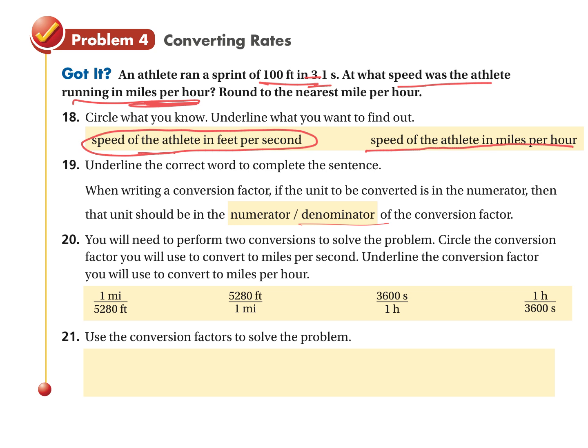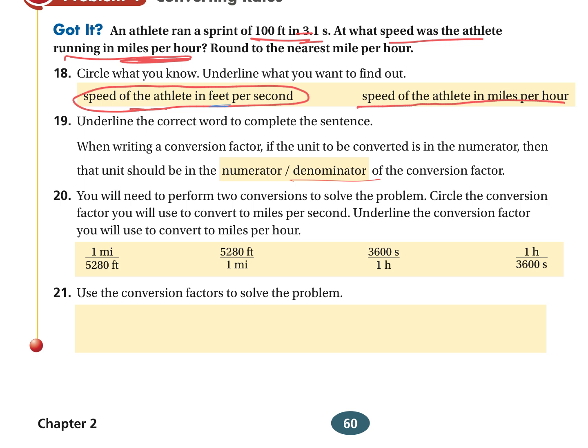So if feet is on top, then we want to convert with feet on the bottom. We're going to perform two conversions to solve this problem. We want to circle the conversion factor to convert to miles per second, and underline the conversion to convert to miles per hour.